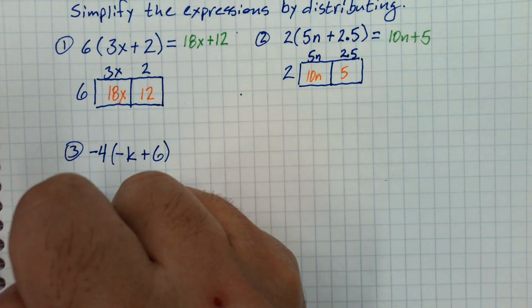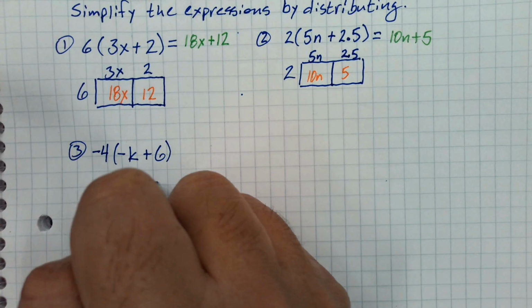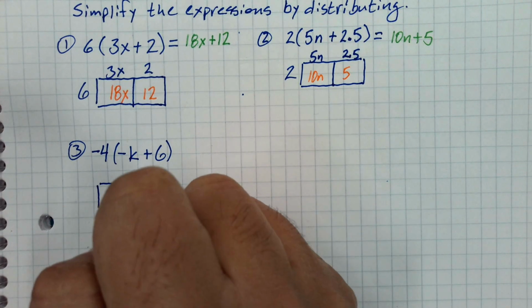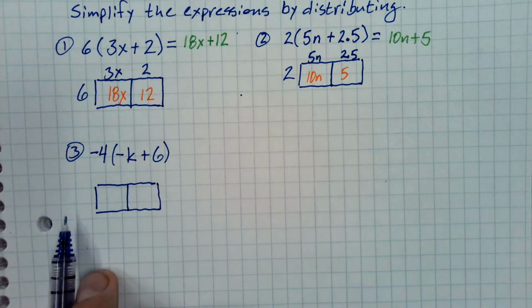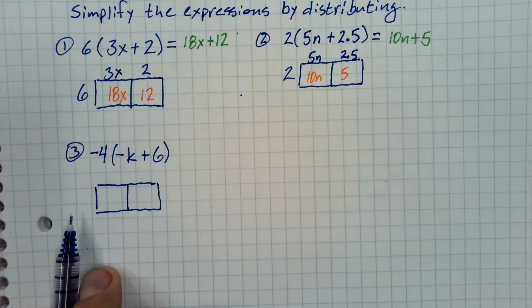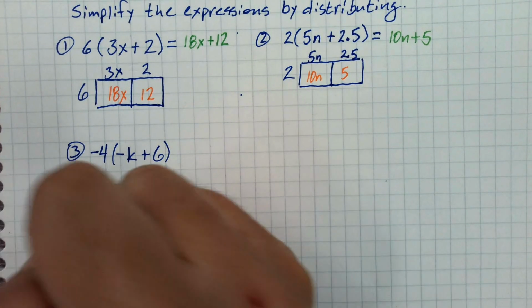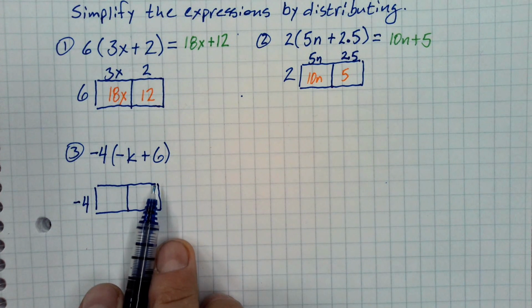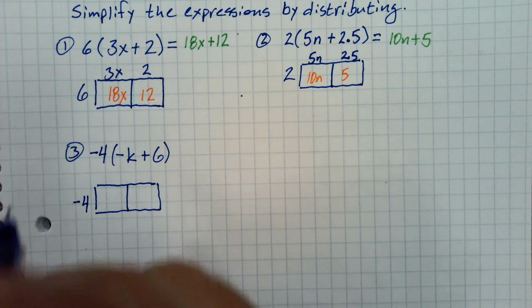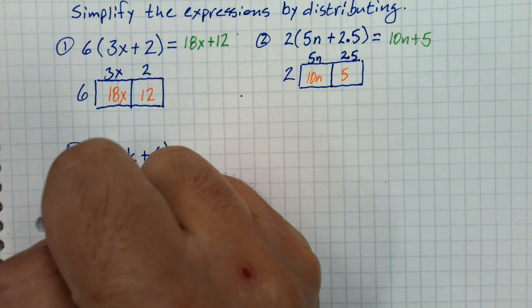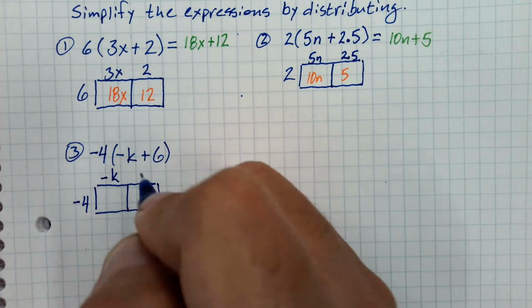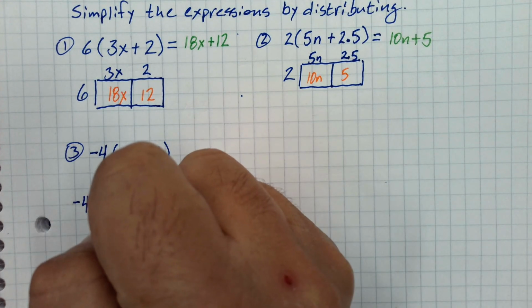Let's set up our area model. So what am I putting on the side for the width? A negative 4. And across the top, we would put negative what? Negative k and a 6.